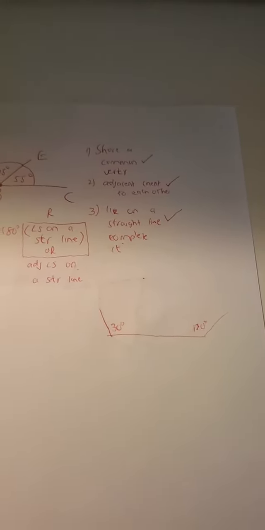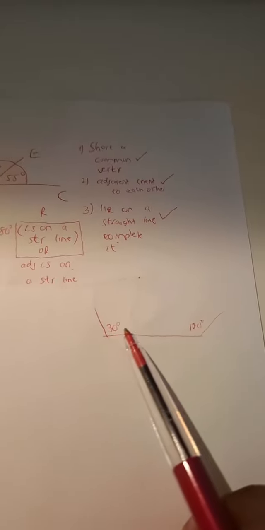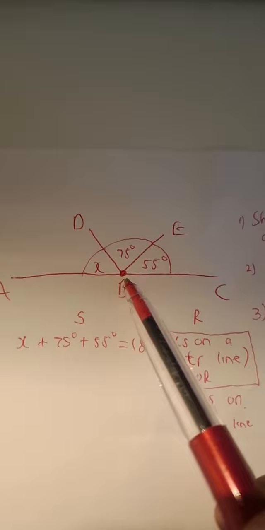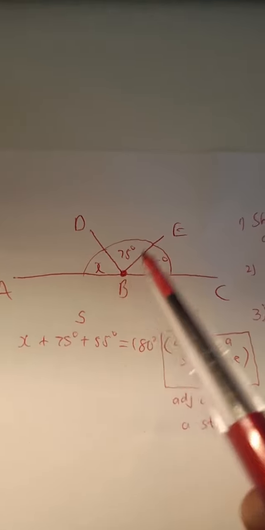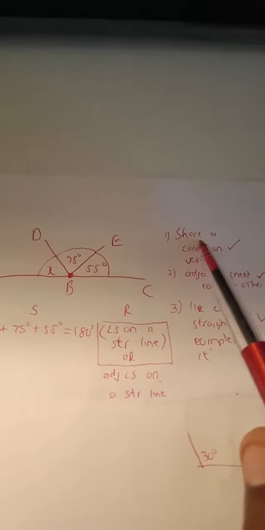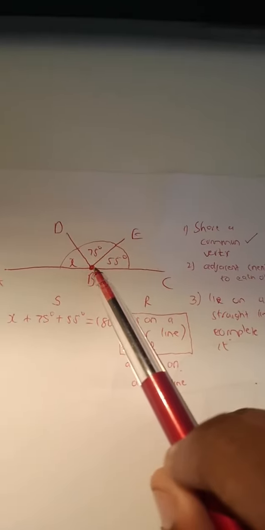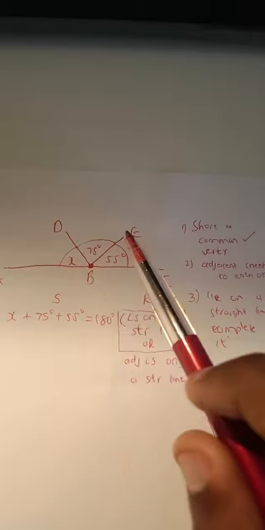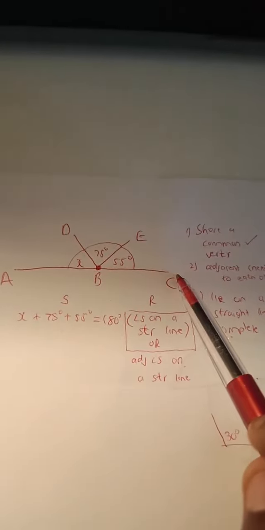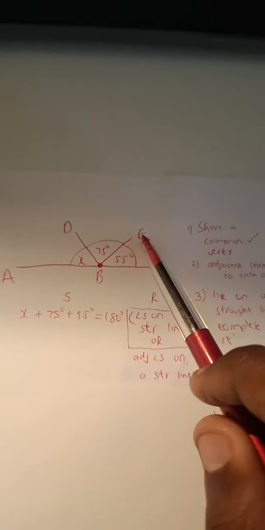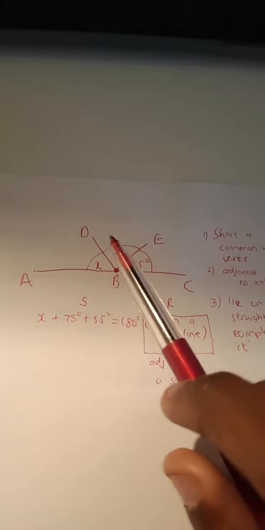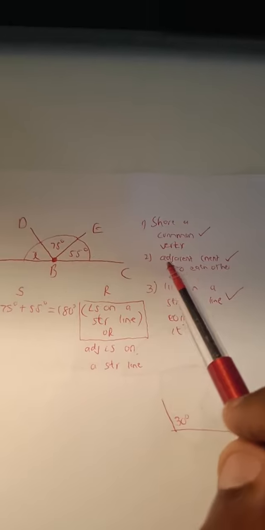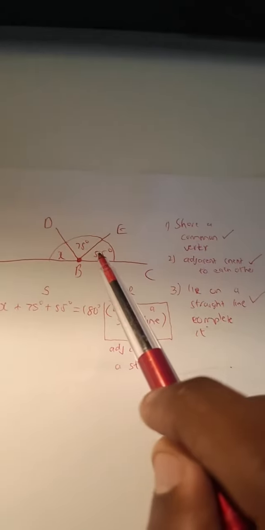So the point that I'm making here is that for angles on a straight line, the angles need to share a common vertex. So we can see vertex B is shared for all these three angles. This is angle EBC, this is angle DBE, this is angle ABD. Common vertex, it needs to be there too. The angles must be next to each other.